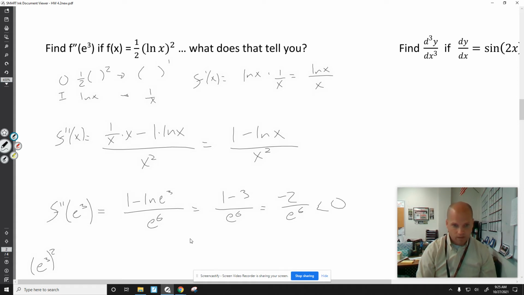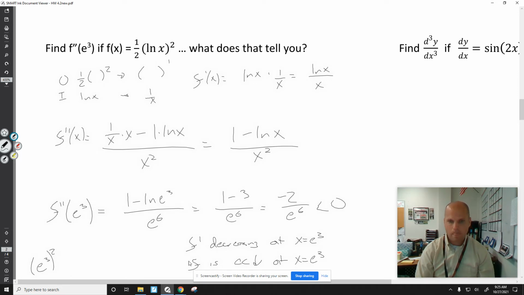It tells me that f prime is decreasing at x equals e cubed. It tells me f is concave down at x equals e cubed, right? Second derivative sign being negative means the first derivative is going down, means the original function is concave down.